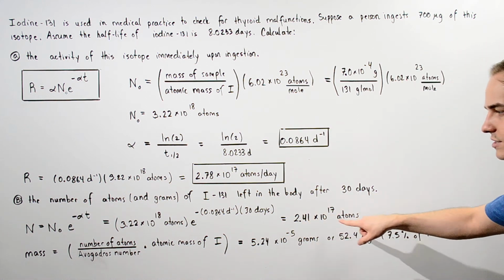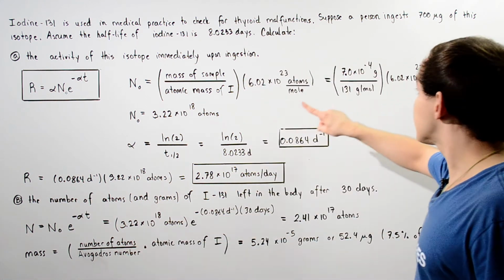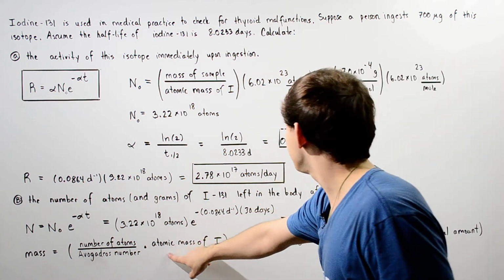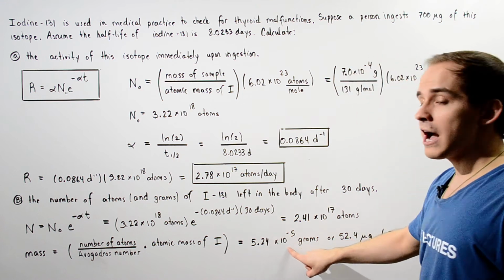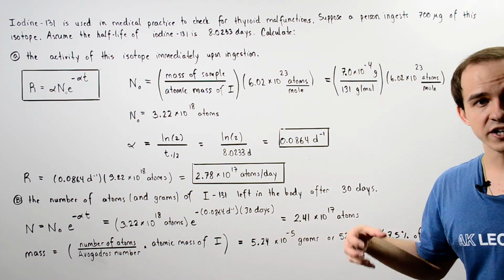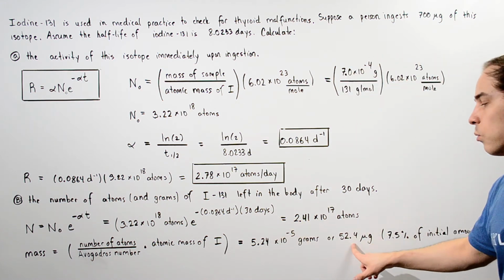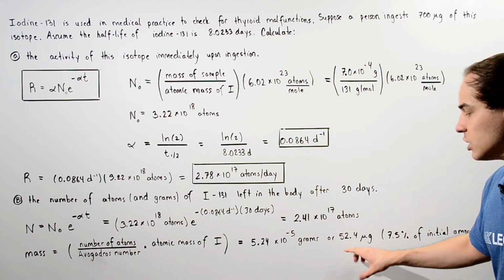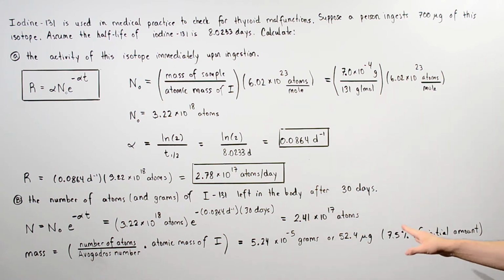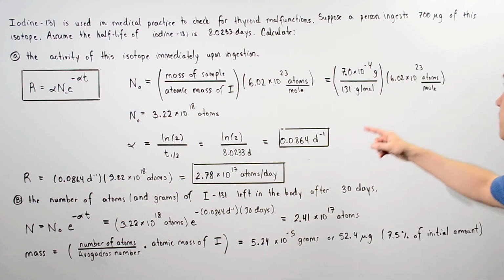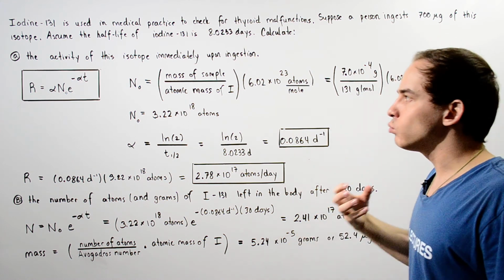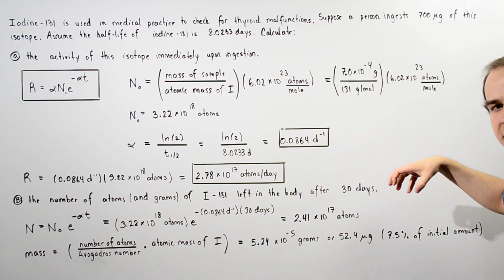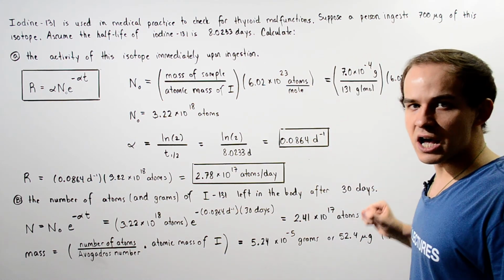So we take this, divide by Avogadro's number, and multiply by the atomic mass, and we get 5.24 times 10 to the negative 5 grams, or equivalently 52.4 micrograms. This represents about 7.5% of the initial quantity of 700 micrograms that was ingested 30 days prior to this time period.